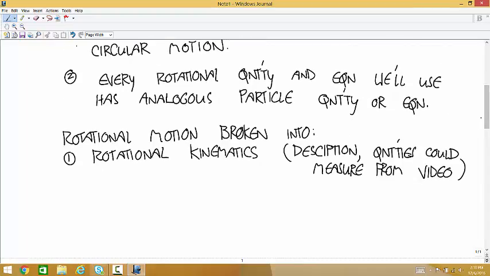And then after that, we'll talk about rotational kinetics. That combines kinematics with causes of the motion.